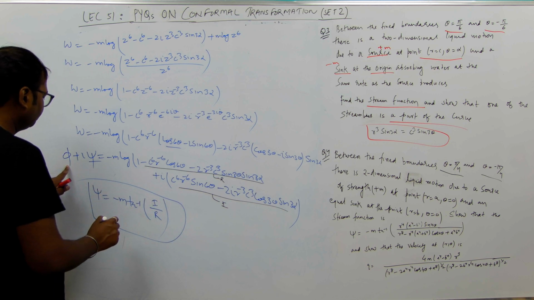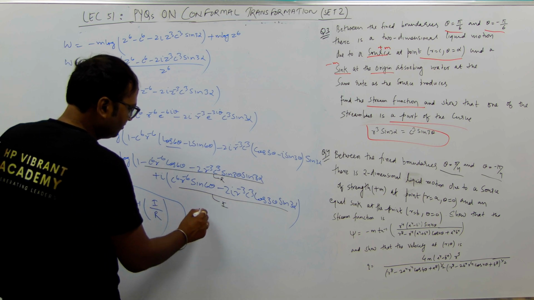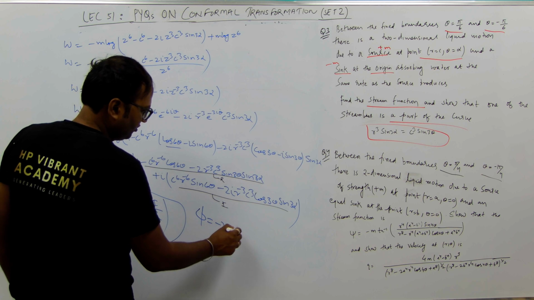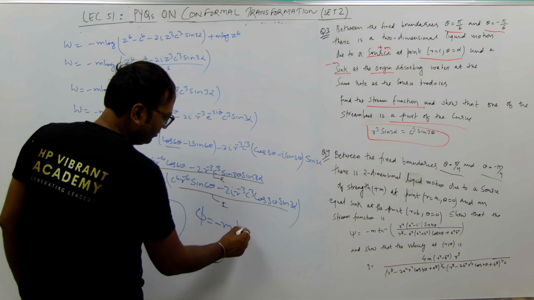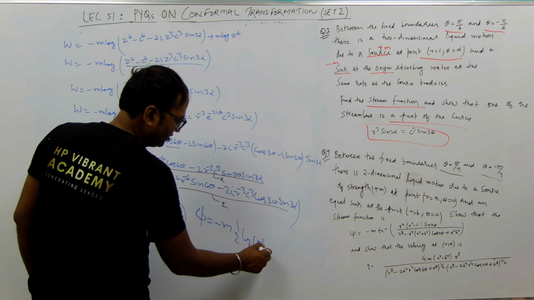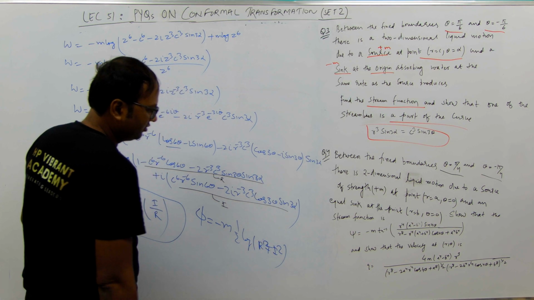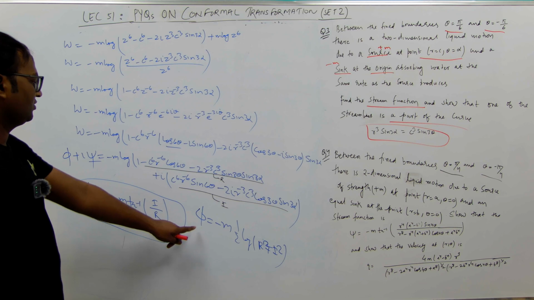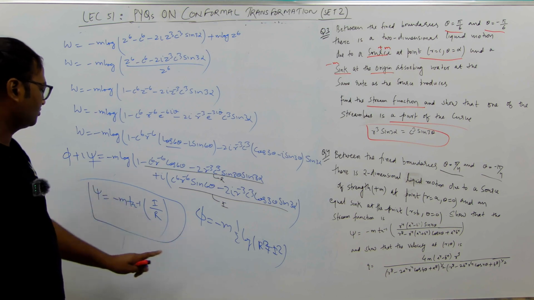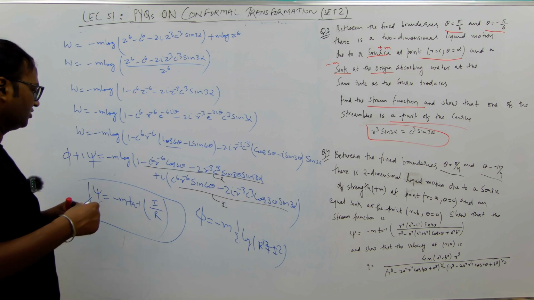And phi is equal to minus m of half log of real part squared plus imaginary part squared. This is not asked in the question. We are being asked the stream function, so let us calculate this.